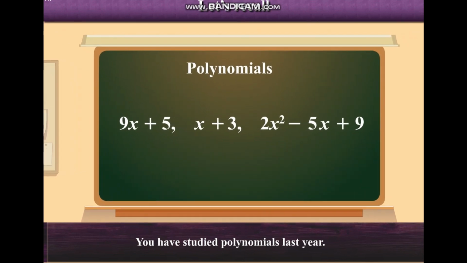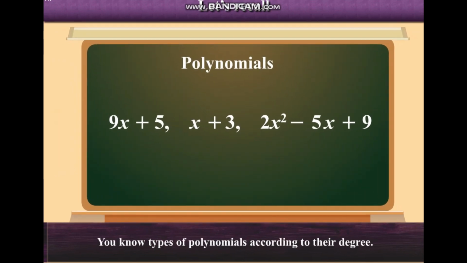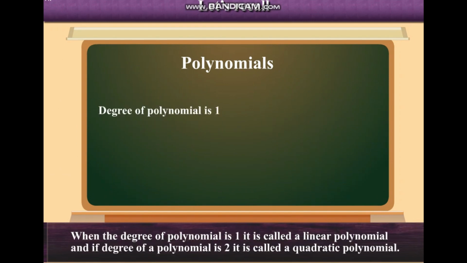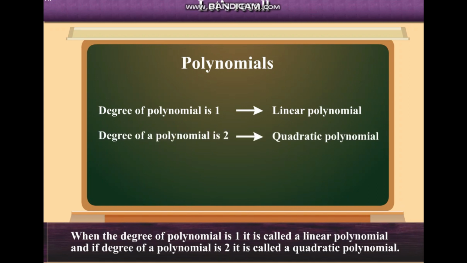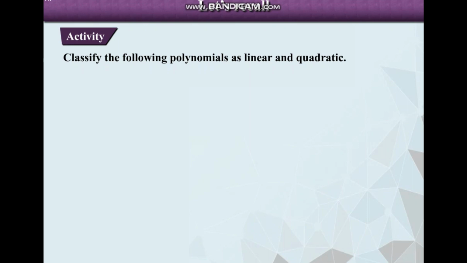Let's recall. You have studied polynomials last year. You know types of polynomials according to their degree. When the degree of a polynomial is 1, it is called a linear polynomial, and if the degree of a polynomial is 2, it is called a quadratic polynomial. Activity. Classify the following polynomials as linear and quadratic: 5x plus 9, x square plus 3x minus 5, 3x minus 7, 3x square minus 5x, 5x square.